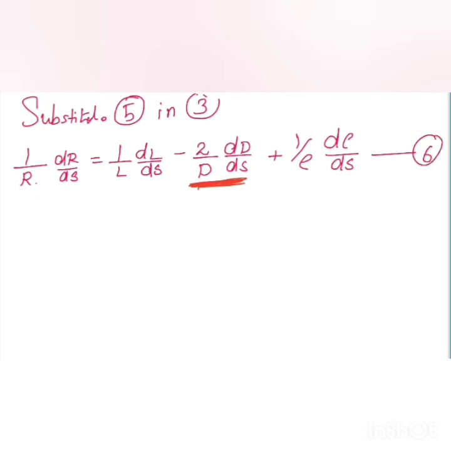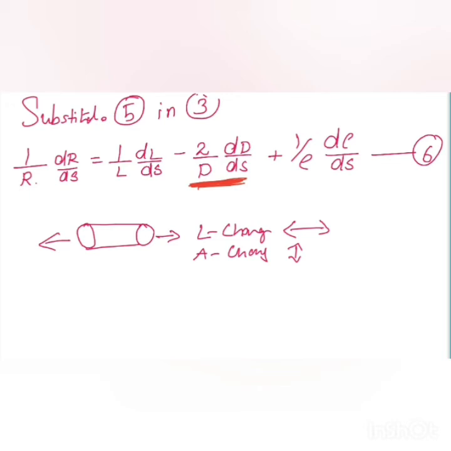Now comes a very important part which you should definitely know. What is that? There is a ratio which says that when you pull an object, let's say this is the object, you are pulling this object on both the sides. So what happens is that the length will change, likewise the area will change. So the change of length is like this, right? So from right to left, whereas the change of area will be from top to bottom, right? So there is something called Poisson's ratio.